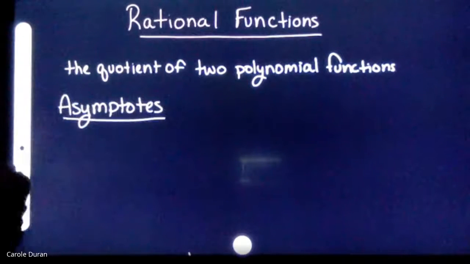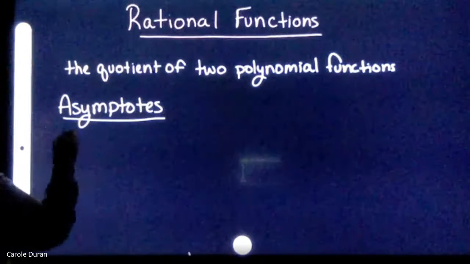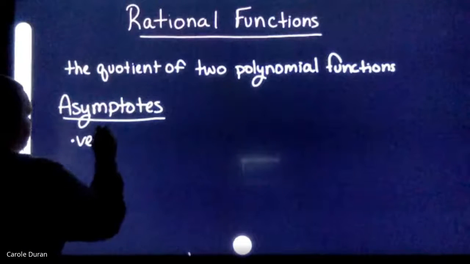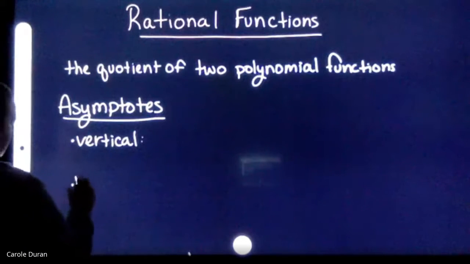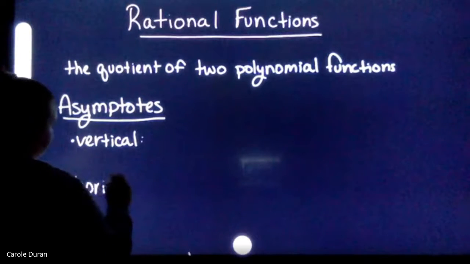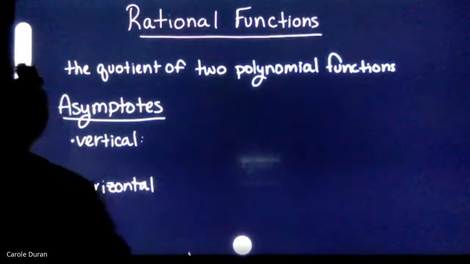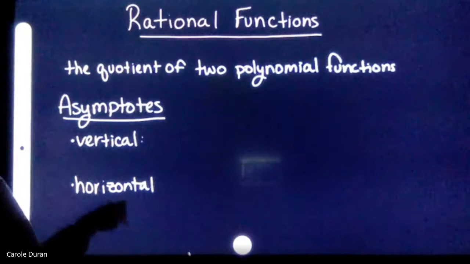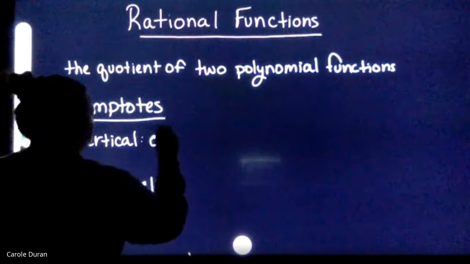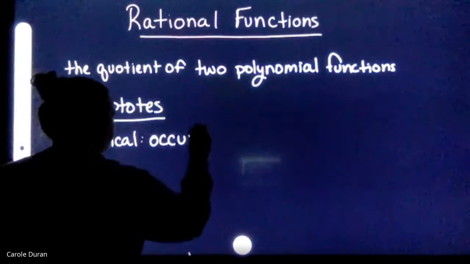So we can have two different types of asymptotes. We can have a vertical asymptote, or we can have a horizontal asymptote. A vertical asymptote occurs when our denominator equals 0.